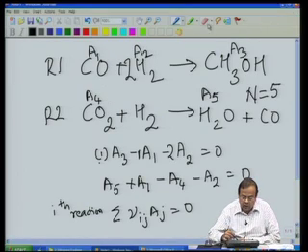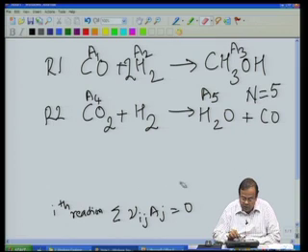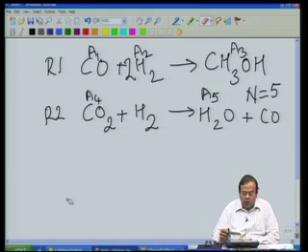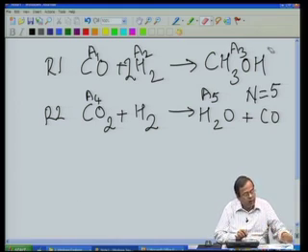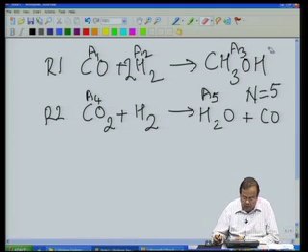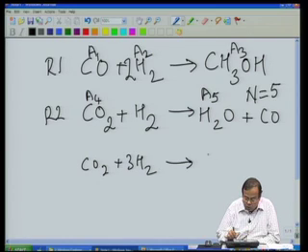So, let us say that these are the two reactions in these 5 species, and I am going to consider yet another reaction for my consideration, namely CO2 plus 3H2 giving rise to CH3OH, that is our methanol, plus water.